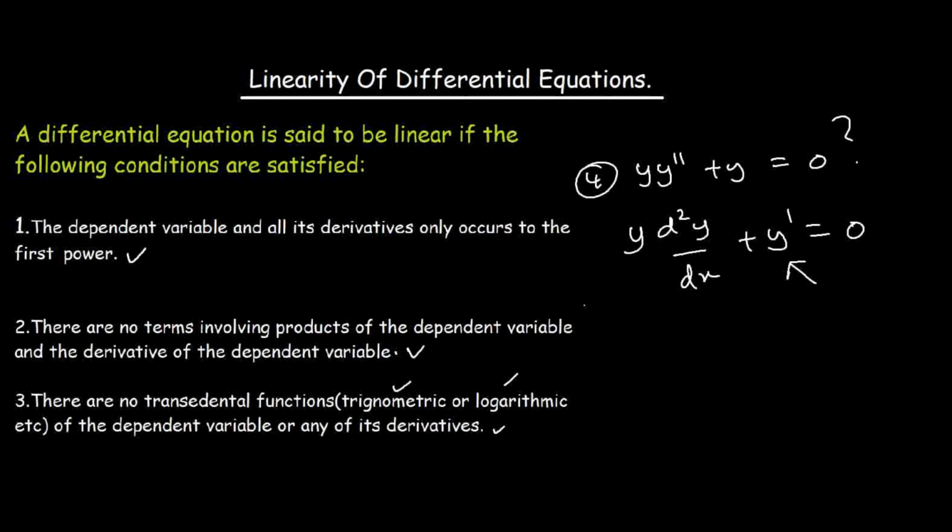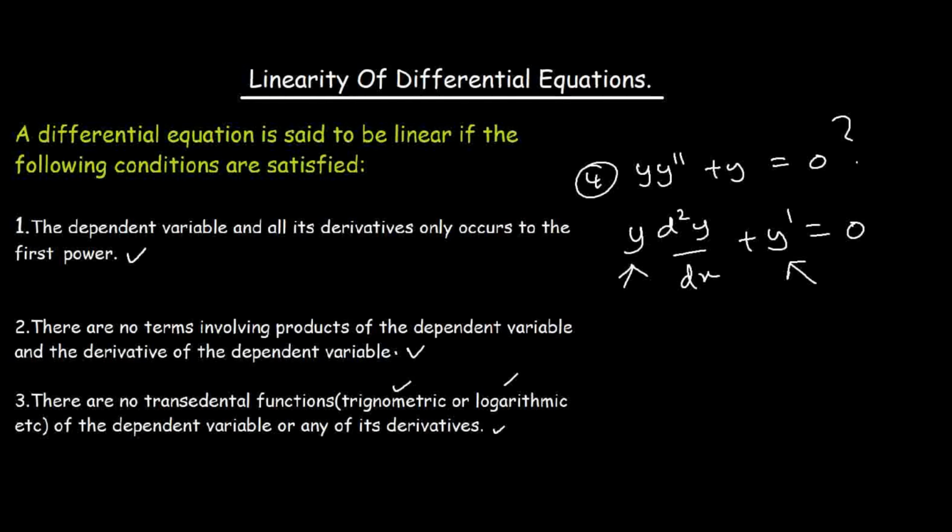Let's look at the second condition, which says there are no terms involving products of the dependent variable and the derivative of the dependent variable. Looking at this equation, we have y as the dependent variable, and it is multiplying its derivative. But the second condition says there shouldn't be any term like that.